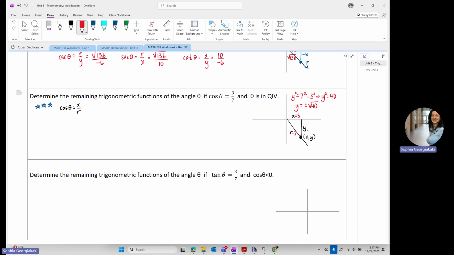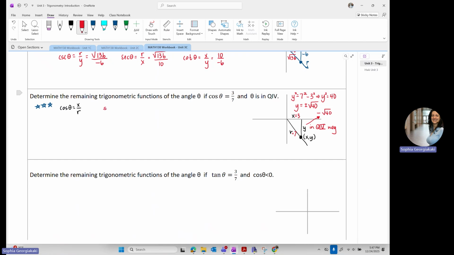Now, because y is in quadrant 4, it will be negative. So I'm going to choose negative square root of 40 for the value of y, because in quadrant 4, y will be negative. So that will be my y for this problem.